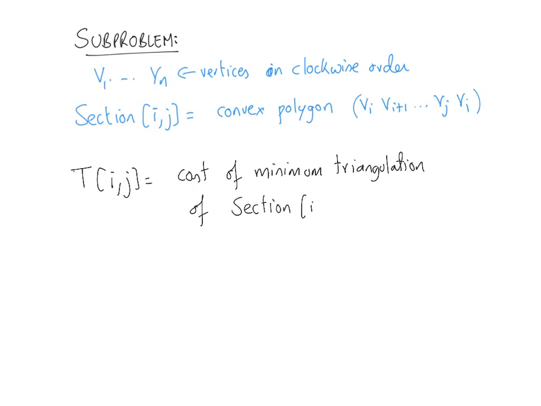Note that if we look at the section 1n, that's essentially the original polygon. So our final answer that we're looking for is T1,n.